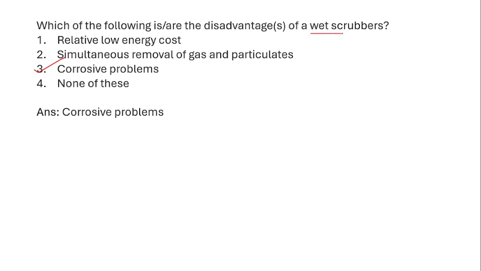In the wet scrubber we will be using many fluids. When the fluids come in contact with the gaseous pollutant, while we are removing them and collecting the dust particles, the reaction between them might cause some corrosive problems in the instrument. So this is the major disadvantage of wet scrubber.